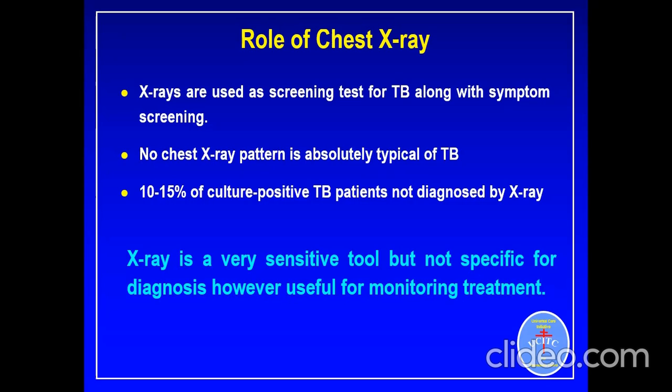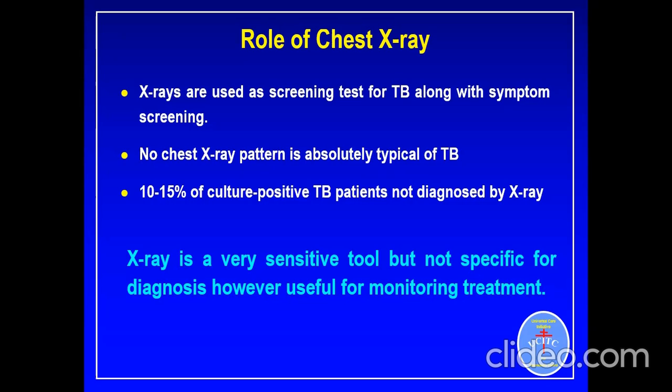Yeah. So, sir, can you explain how X-rays are used for monitoring treatment? So I don't have any X-ray pictures with me, but we take a baseline X-ray when the diagnosis is made, and then we take serial pictures, not very serially, but say at the end of the intensive phase and at the end of treatment, and see how the lesions appear on the X-ray, and that's how they tell us.